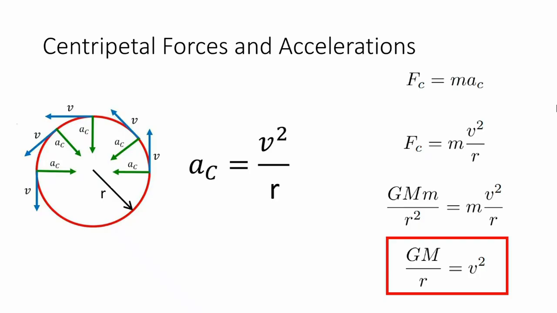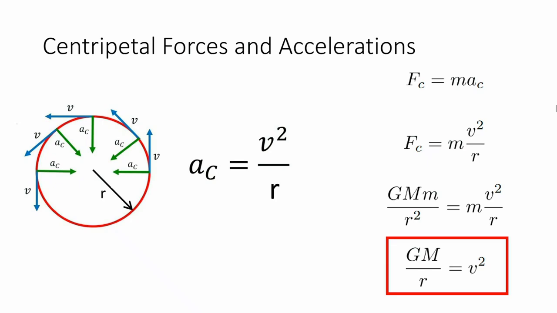And then the r in the denominator on the right side can cancel with one of the r's in the denominator on the left side. And so now we have this relationship between velocity squared, G, which is the Newtonian gravitational constant, M is the mass of the sun, and r is the radius of the orbit.